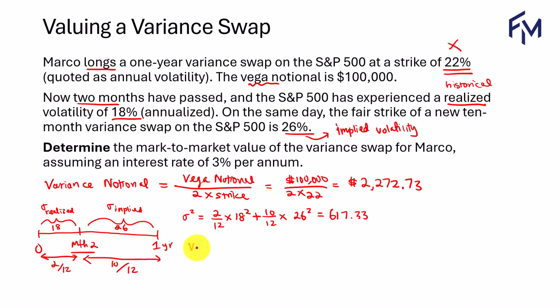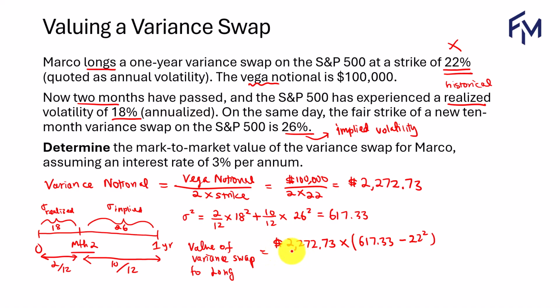And finally, we can get to the valuation. The value of the variance swap, for the long position, is the variance notional, 2,272.73, multiplied by the weighted variance minus the initial strike, 22 to the power 2.